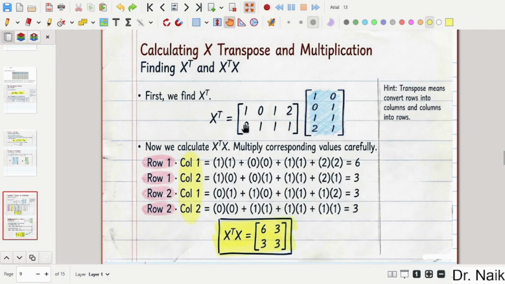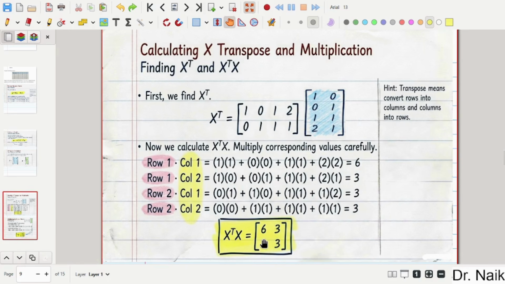Now 1 multiplied by 0 plus 0 multiplied by 1 plus 1 multiplied by 1 plus 2 multiplied by 1, so it is 3. So our entry is 3. Now calculate the second row of X transpose X. 0 multiplied by 1 plus 1 multiplied by 0 plus 1 multiplied by 1 plus 1 multiplied by 2, so it is 3.